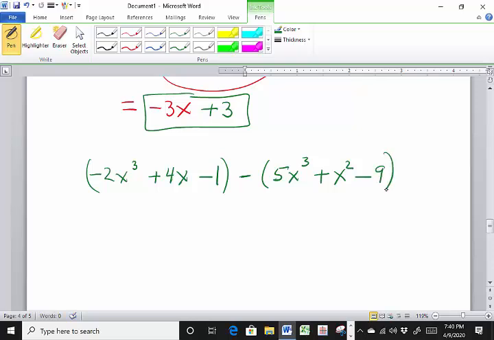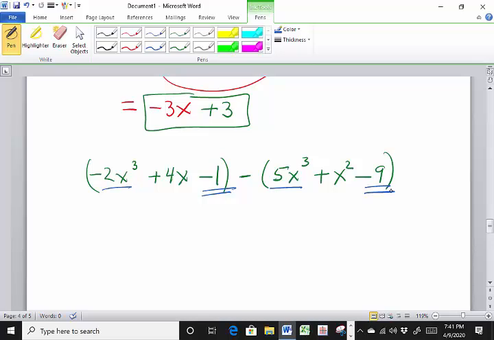So let's do it this way. Where are the like terms? Well, we have an x cubed and an x cubed. We have a negative 1 and a negative 9. And then the rest of them are unlike.